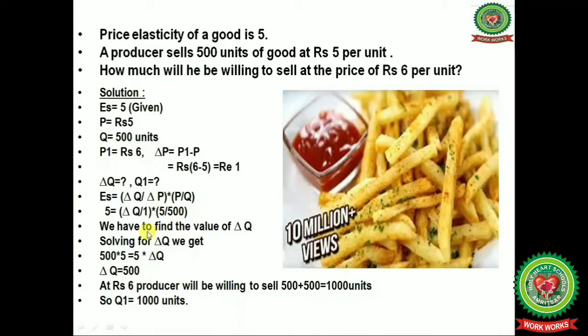So after the calculation we have to solve. 500 multiplied by 5 is equal to 5 into delta Q. Now delta Q is equal to 500 divided by 5 multiplied by 5, the 5s cancel, so we get delta Q equal to 500. So at rupees 6 the producer will be willing to sell 500 plus 500, that is 1000 units. So Q1 is equal to 1000 units.